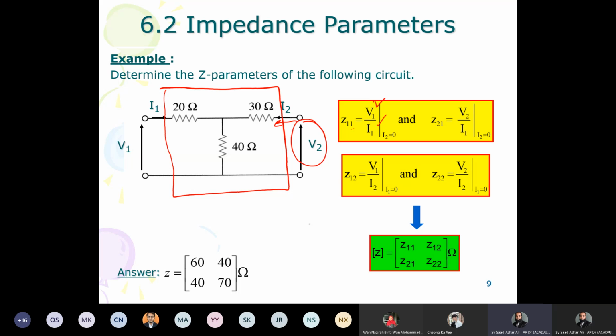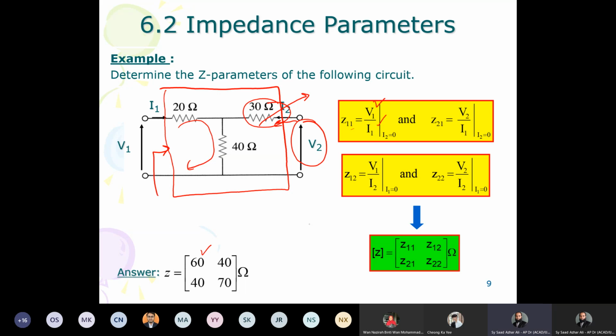Basically we're looking at the impedance from this side, and since this part is 0 because of open circuit, this resistance is not considered. Whatever is left is just this as the impedance, which is 60, and you can see that Z11 is 60.